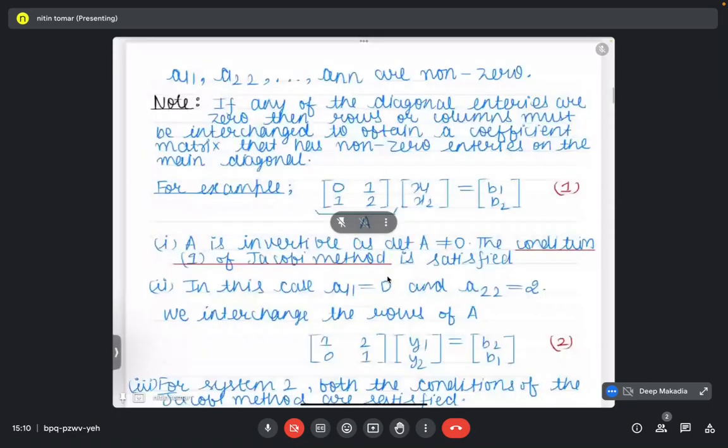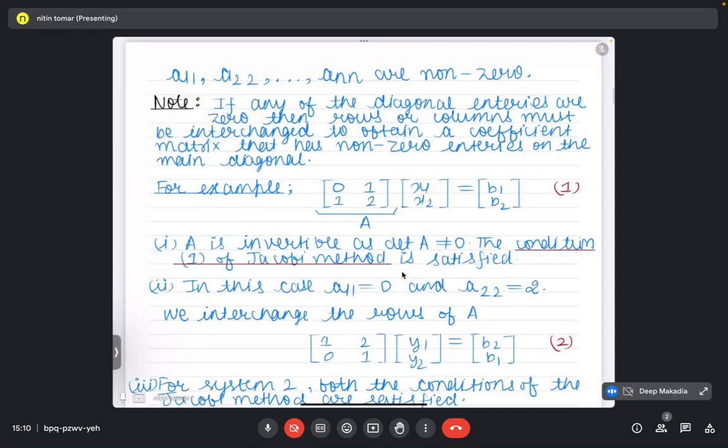I request you to have a good look at this example, because we will be using this example later in our study of the method known as the Jacobi method.